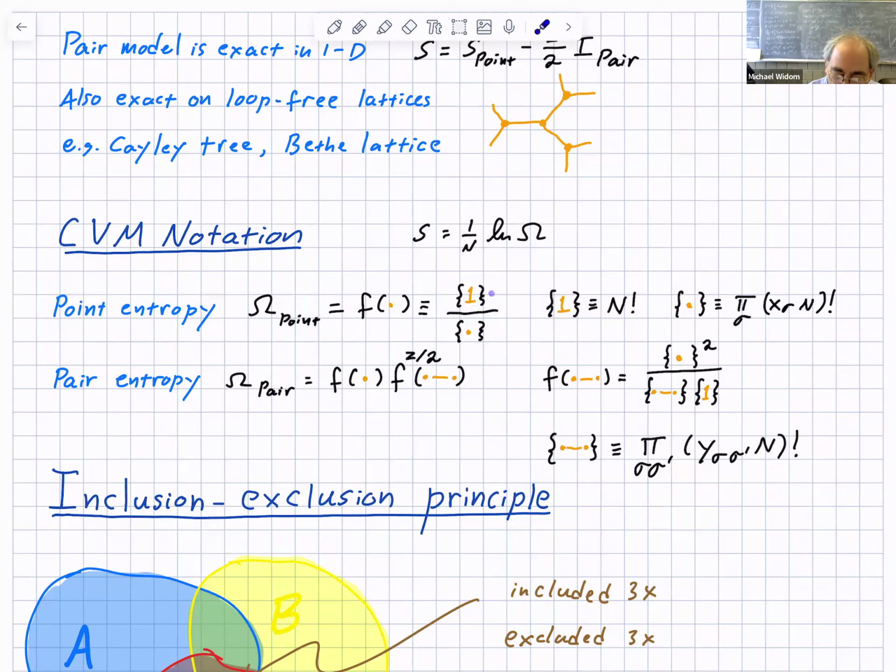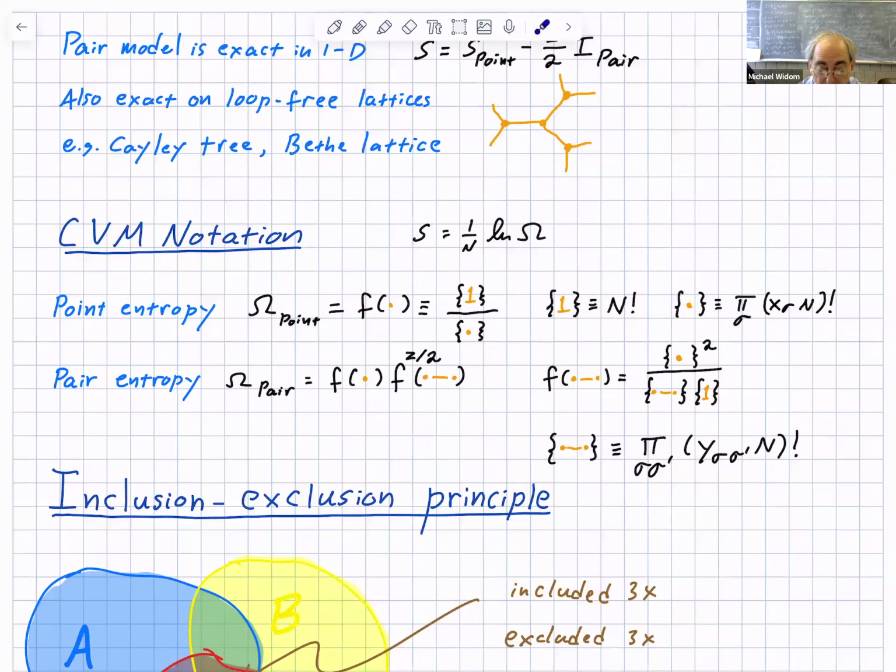That's why there's this 1 here. Okay, so what is omega point? It is 1 over dot. And how do we know that? Well, if we take the logarithm of 1 over dot, we end up with, taking the Stirling approximation for these factorials, minus x log x minus 1 minus x log 1 minus x. Okay, so this is omega point, and it gives the Bragg-Williams entropy, random entropy of mixing.